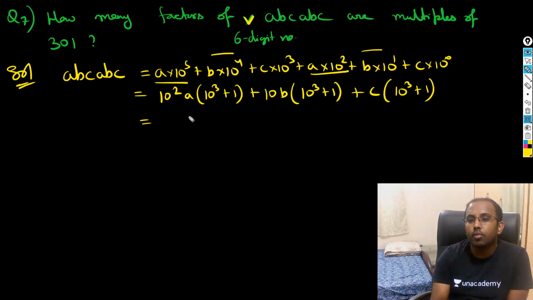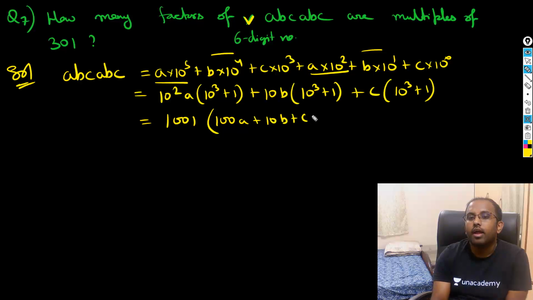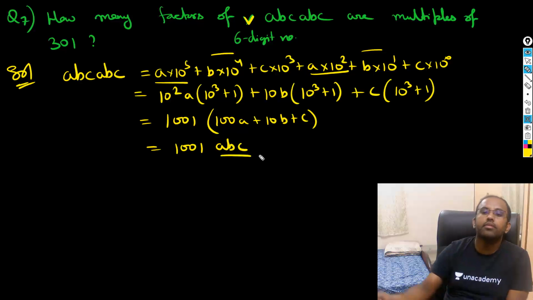Now from all these three terms I can take 10 cube plus 1, that is 1001, common. So 1001 into what? 100A plus 10B plus C. And actually this is written in normal form: this is 1001 into ABC. ABC is a 3-digit number here.